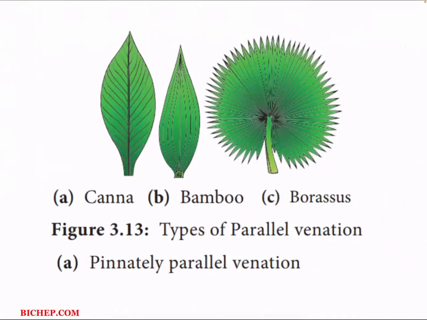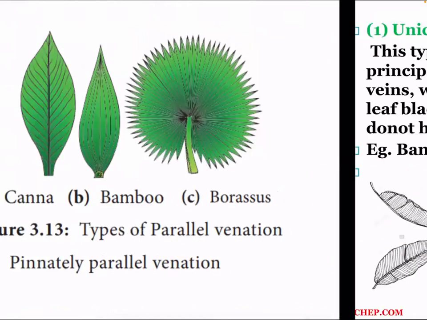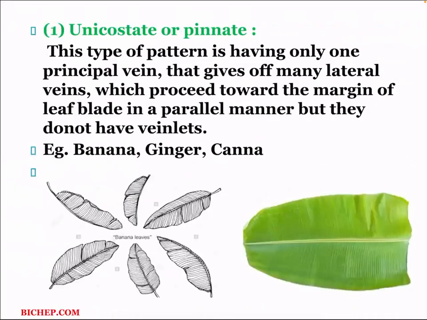Now, if you see here, types of parallel venation: canna, bamboo, and Borassus is the third plant. Ready? Now, first the pinnate type, right?